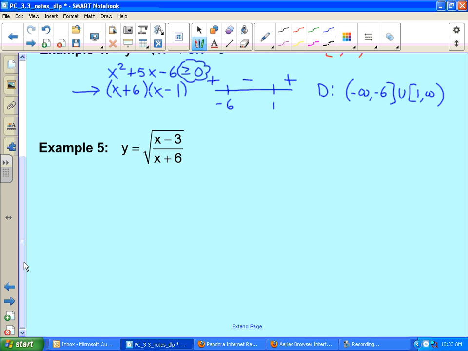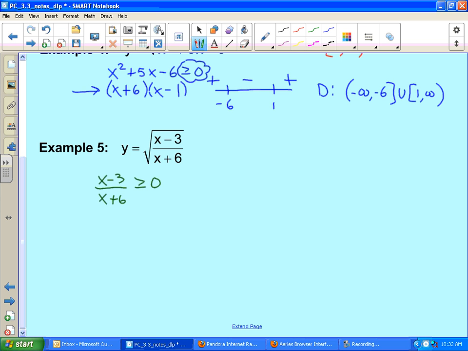This is asking me to solve a square root, which once again means that x minus 3 over x plus 6 must be greater than or equal to 0. Every time I'm starting it the same way. There is no mystery to that.